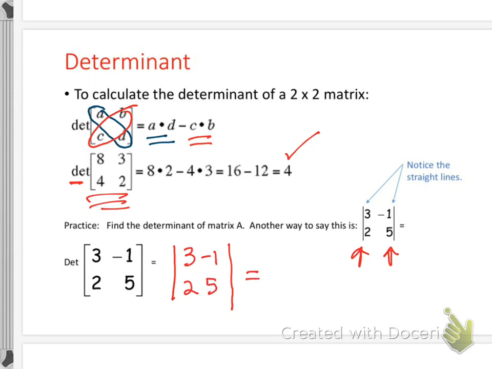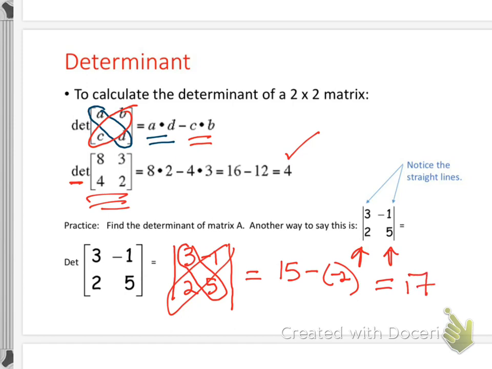But the end result is I'm going to say 15 minus a minus 2, because I did the cross products, this product minus this product. Since it's a minus of a minus, I end up getting 17. Okay, so let's move on.